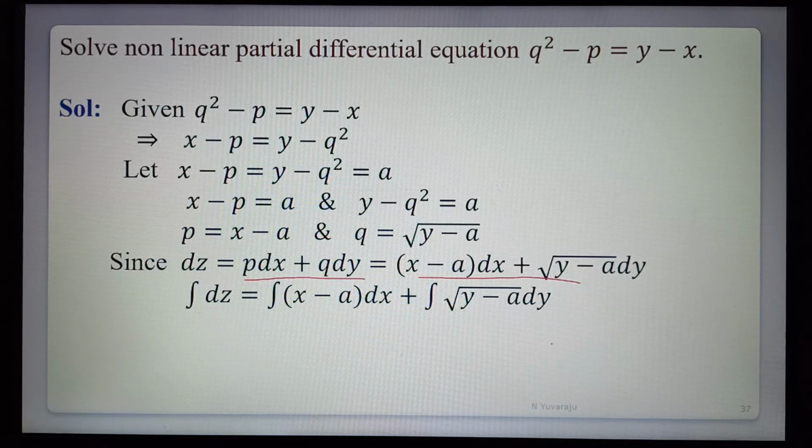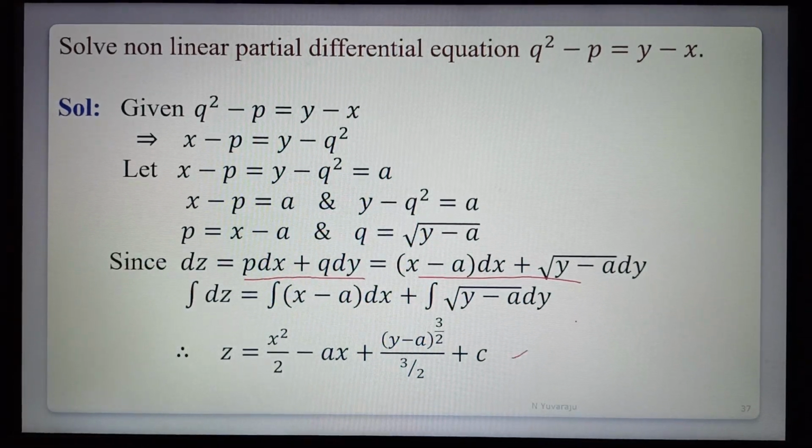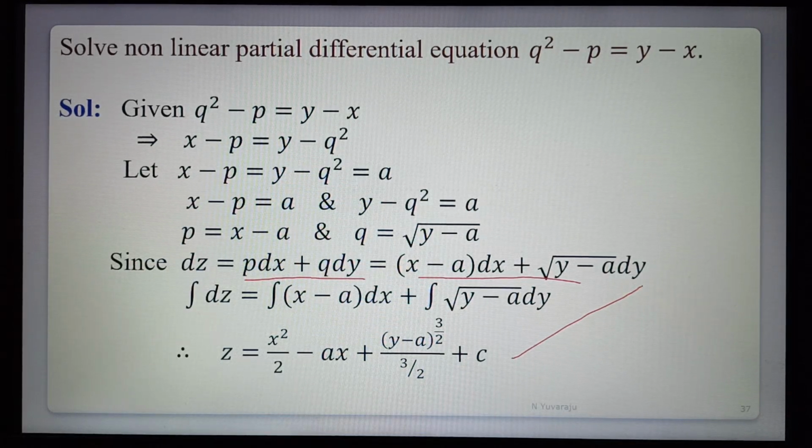So that integration gives the solution. Therefore z is equal to x square by 2 minus ax plus (y minus a) to the power 3 by 2 divided by 3 by 2, plus c. This is the required solution of the given equation of standard form 3.